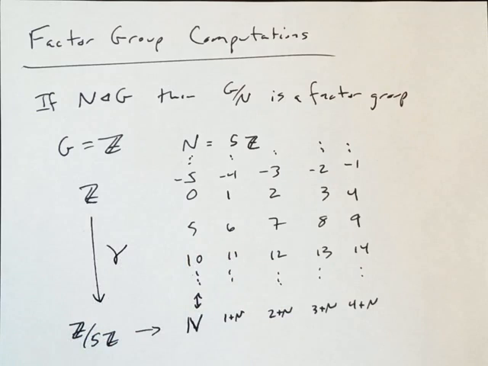It takes each element in the integers to the appropriate coset. I like this image. I like this image a lot. I'm going to generalize it.